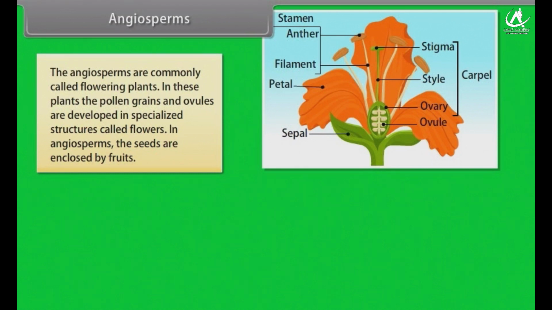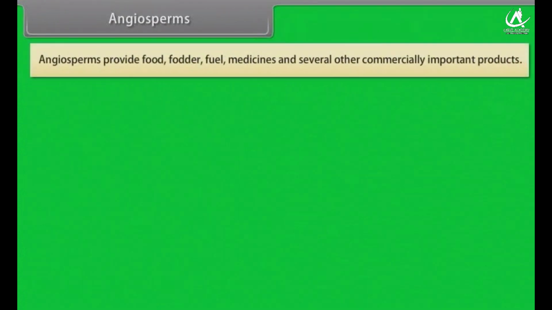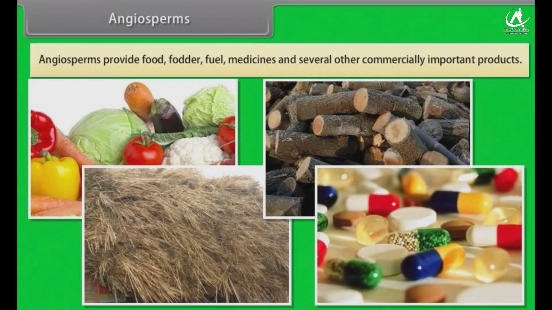In angiosperms, the seeds are enclosed by fruits. The angiosperms are a large group of plants occurring in a wide range of habitats. They range in size from microscopic Wolffia to tall trees of Eucalyptus over 100 meters. Angiosperms provide food, fodder, fuel, medicines, and several other commercially important products.